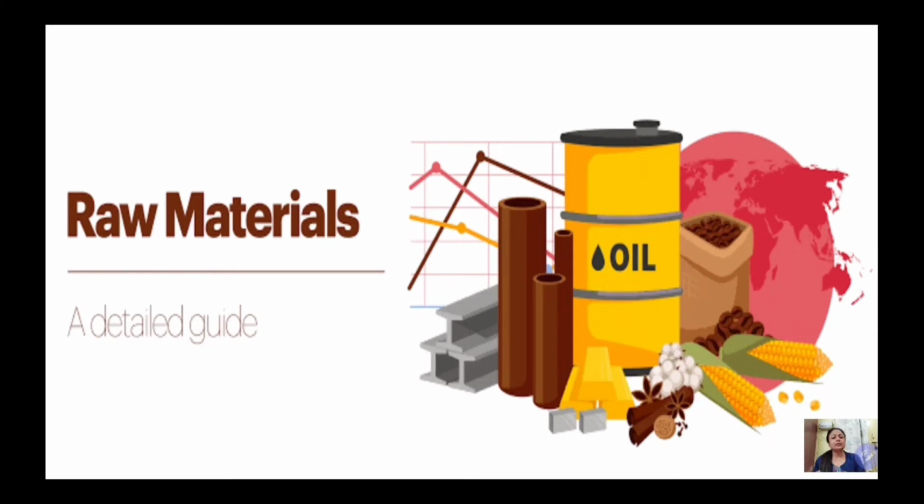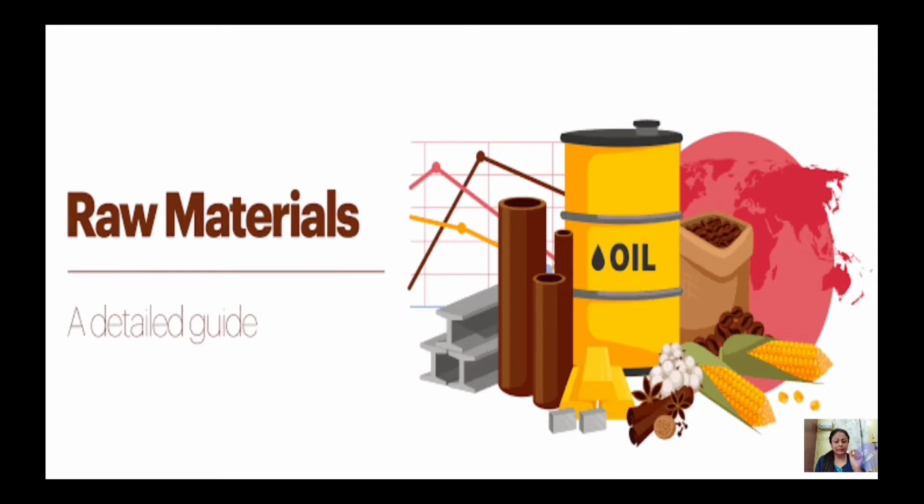Raw materials need to be readily available and they should be near the industry so that it doesn't take much time or much money for transportation to bring the raw material to the factories. So raw material should be available nearby and it should be available easily. So it is always preferred to locate an industry near the source of raw material.